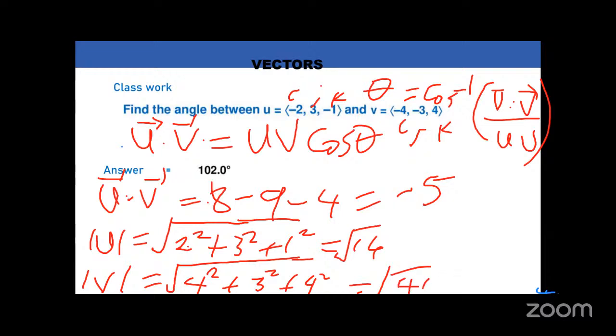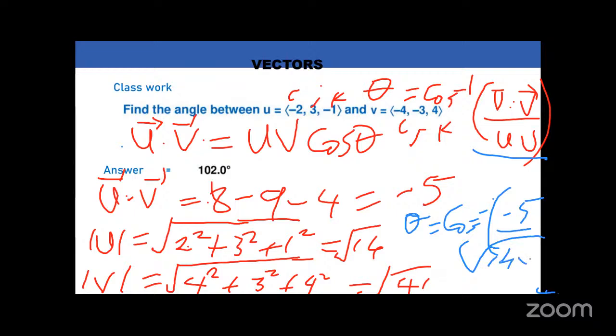So if we substitute these values here, that will give us theta. Theta will be equal to secant inverse of minus 5 over square root of 14 times 41.